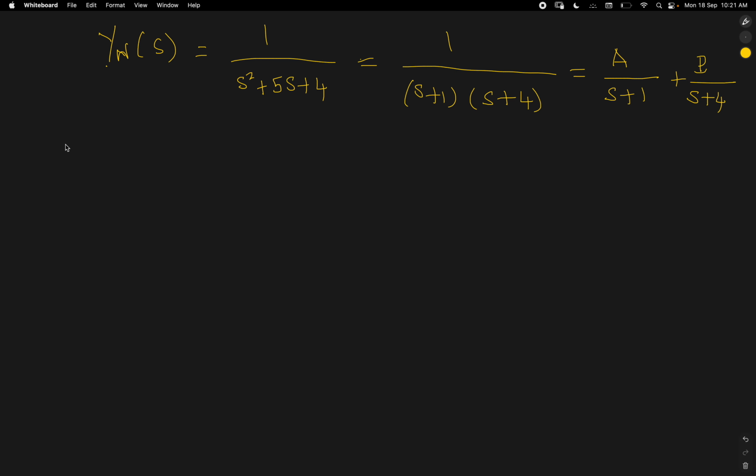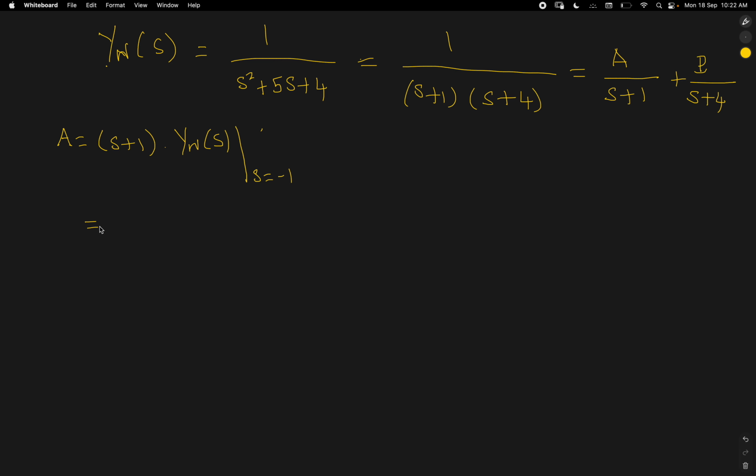We have to calculate the values of a and b, and then apply the inverse Laplace transform. To obtain a, find the denominator of this term, which is nothing but s plus 1. So multiply s plus 1 into Yn of s, and replace the resultant term with s equal to minus 1.